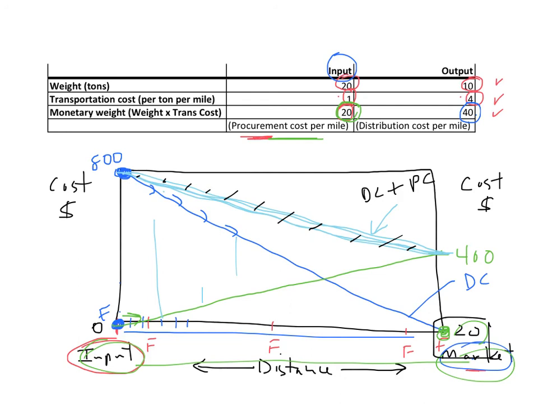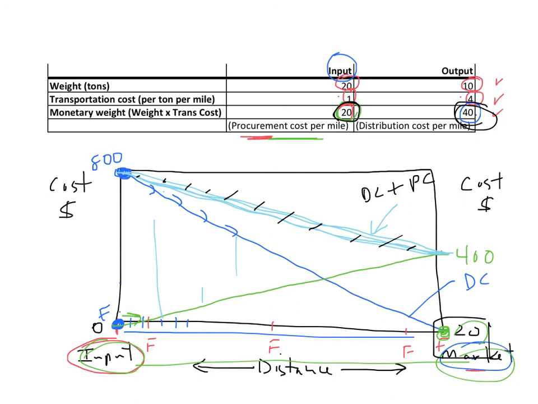Well, we can simply look at the monetary weights of output and the monetary weights of inputs. If the monetary weight of the output is bigger than the monetary weight of the input, we're going to want to locate near the market, because it's going to be more expensive to get our output to the market than it is our input to the factory.